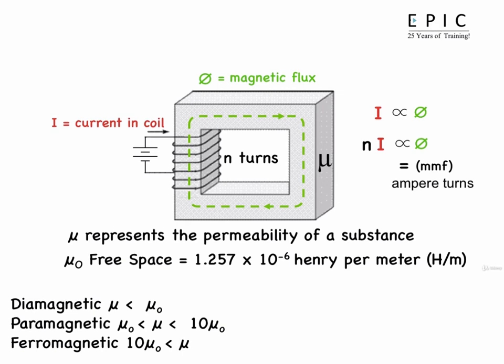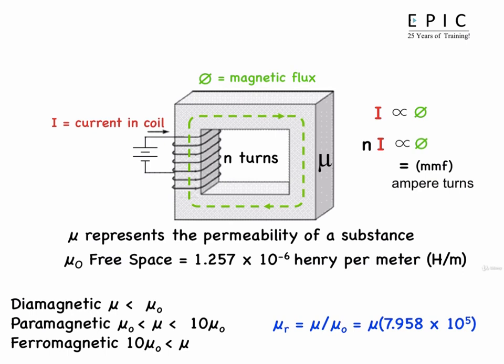If mu naught represents the permeability of free space, and mu represents the permeability of a substance in question, also specified in henries per meter, then the relative permeability, mu subscript r, is given by mu divided by mu naught, for example 0.958 times 10 to the fifth power.